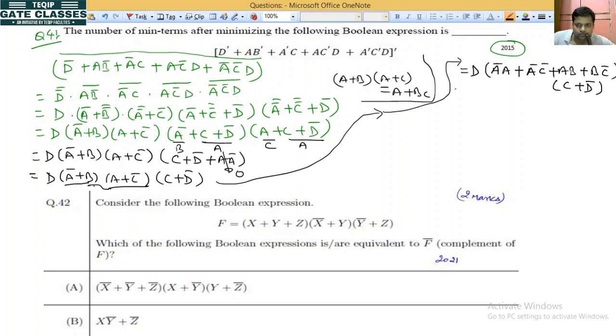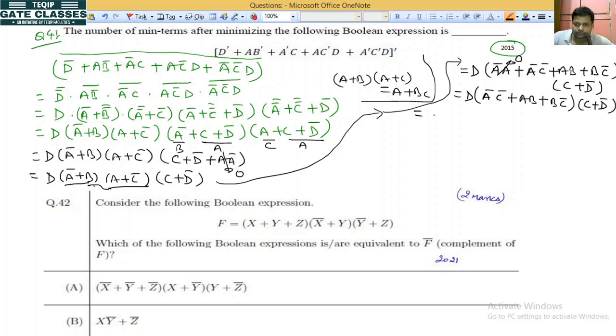So what will be the value? It is D, this one is 0, so it will be A bar C bar plus AB plus BC bar. Here we have C plus D bar.